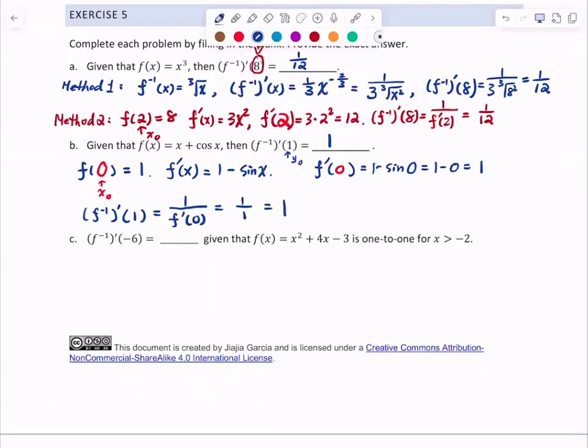Trouble. But it is one-to-one when we restrict the domain. We restrict it to one piece. Remember, this opens up, so you have a parabola like this again. You want the piece where x is greater than -2, the right-hand side piece, not the left-hand side piece.